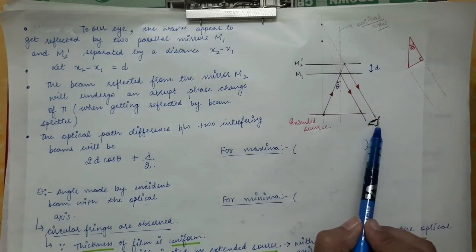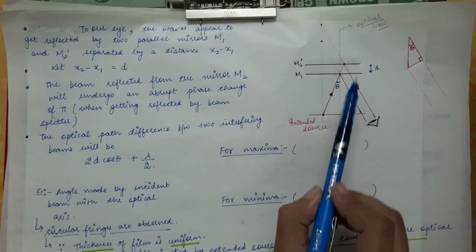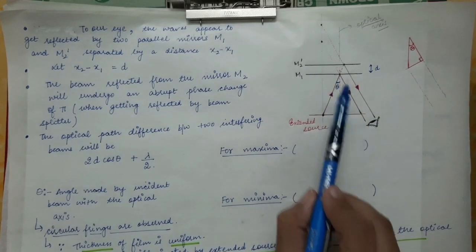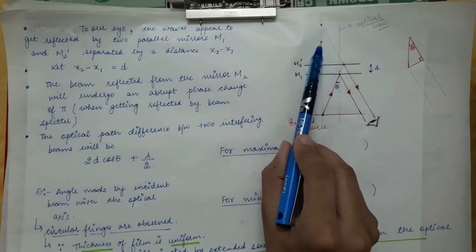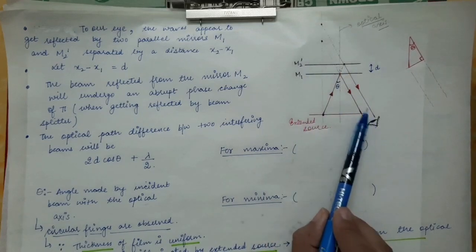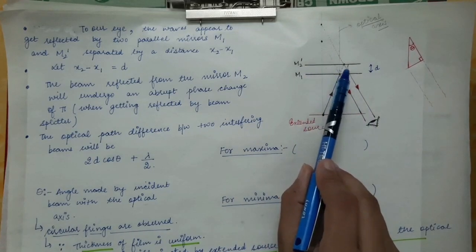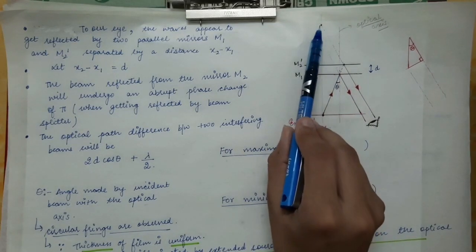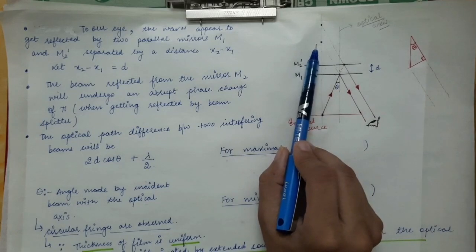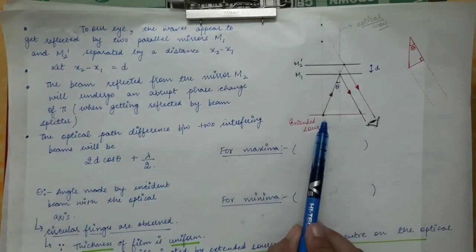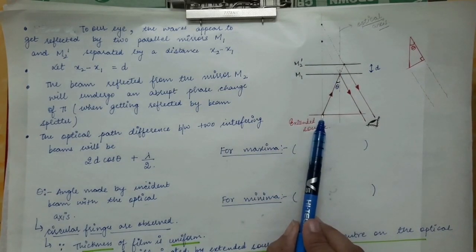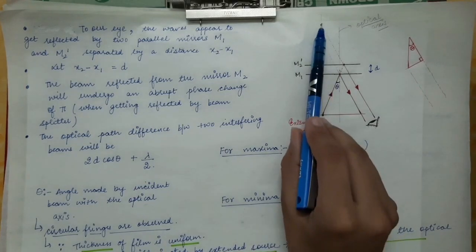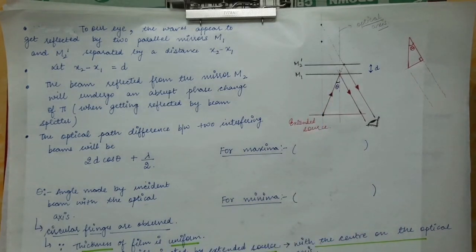To the human eye, the first reflected ray will appear to be coming from this point, and the second ray will appear to be coming from another point. So there will be two virtual images formed of this point source.